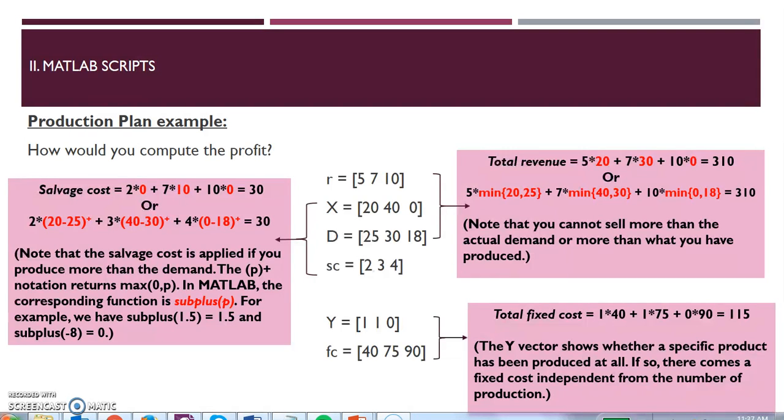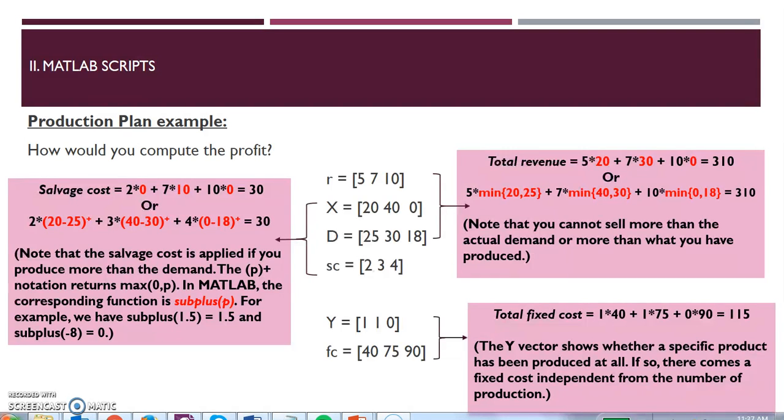Well, because the demand is 25 for this product, I will sell all the 20 produced items. So the revenue out of this product is 20 times 5, which is 100. Clearly, I do not make any revenue out of product 3 because I have no production here. So the actual revenue is 310.